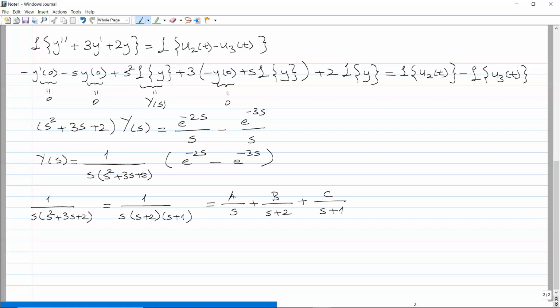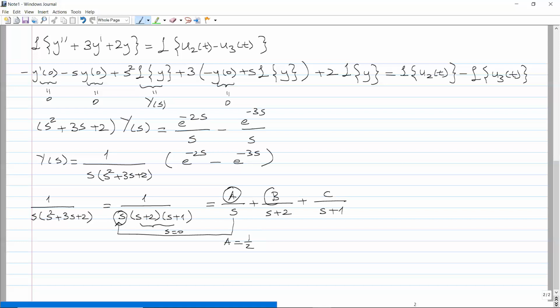So what you do is, to find the number A, it goes with s. On the other side, you disregard s, and in the remaining terms, you put s equals 0, because the denominator is s, and 0 makes the denominator 0. When you put 0, you see in the denominator you get 2 times 1, 2, so 1/2. So A is 1/2.